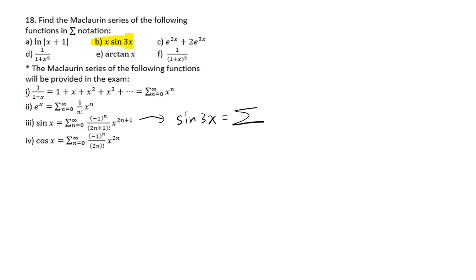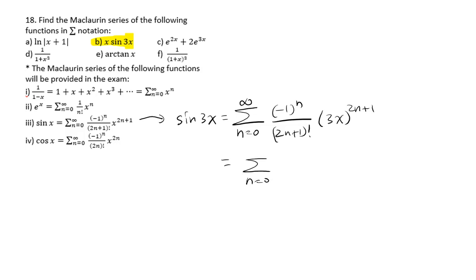That means you're simply replacing the x by 3x, and one of the things you have to do is separate the constant multiple from the variable's power, because all of this would be the coefficient of the power series.